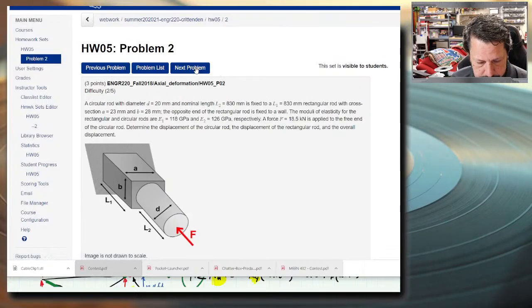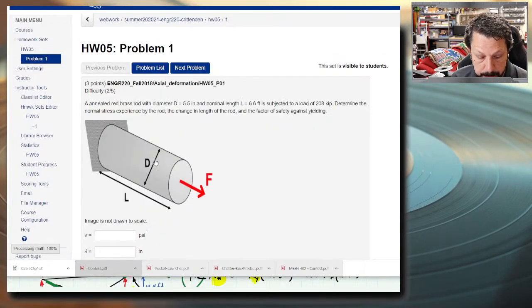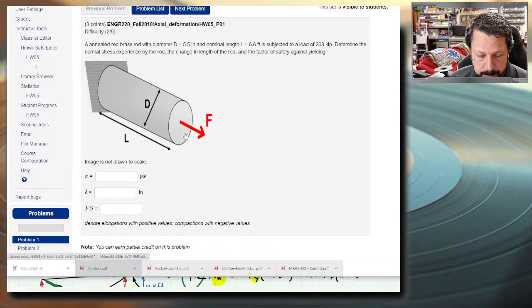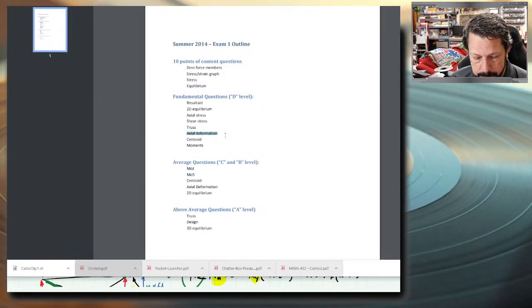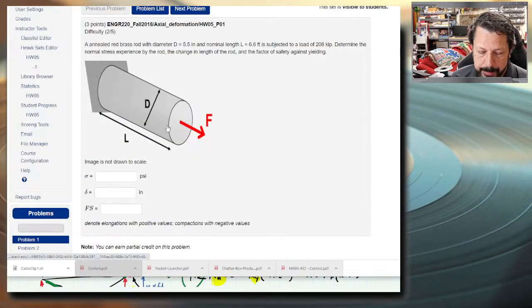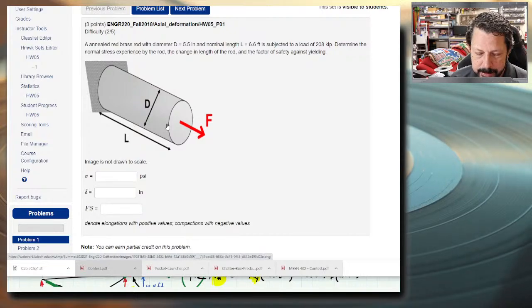Let's see. So this problem, both of these, this one is axial deformation. On our outline, there's one at the fundamental level and one at the average level. This one is certainly the fundamental. It's definitely not the average level, and it might be a little simple.